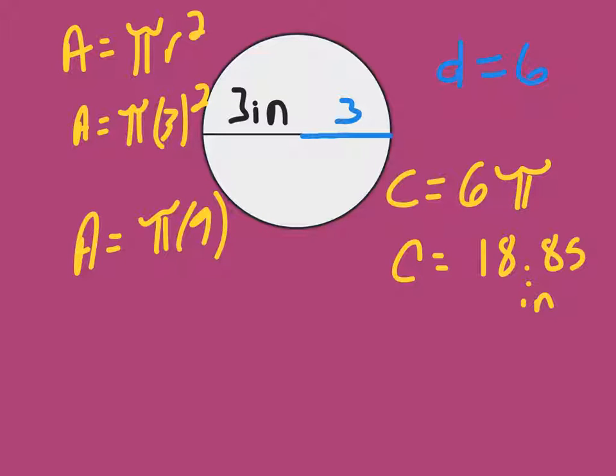And when you do pi times 9, or 9 times 3.14, you get roughly 28.3 inches squared. We're getting pretty good at this, aren't we? Make sure that you read your instructions, that you're not too much in a hurry that you forget to do one or the other.